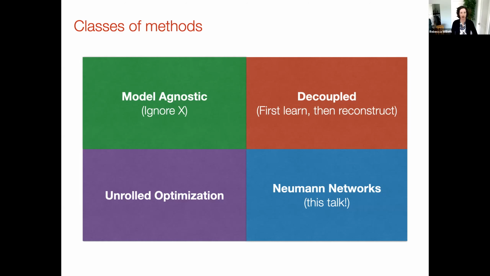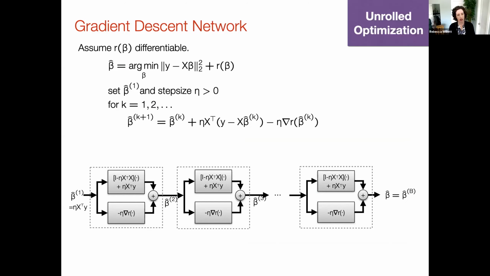So let's start with a gradient descent network. In particular, let's just assume for the moment that our regularizer R is known and differentiable. And think about what we might do in that case. Well, a natural thing to do would just be to apply gradient descent to find beta hat. And so I've written out the gradient descent step here. And then below, I've written it using a block diagram where I only allow myself capital B iterations of this gradient descent approach.